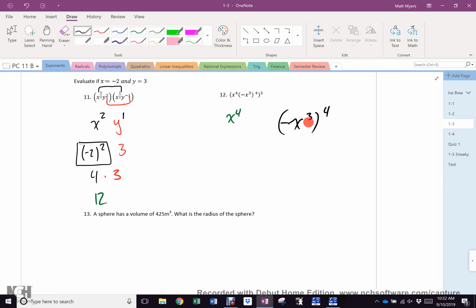McKenna. The 3 inside the brackets applies to just x, but the 4 applies to the negative x. Exactly. You have to be very careful here, right? So inside here, this is negative x times x times x, right? But there's 4 of them. So what's going to happen to that negative?